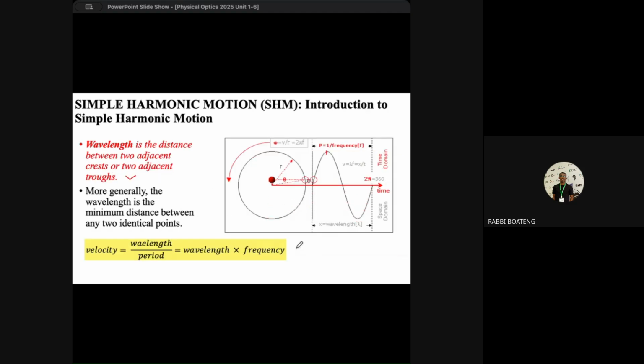If we have something like this, and this is my wave, we are talking about a crest here and a crest here. That distance from here to here is what we are calling a wavelength. Or let's say a trough to a trough, that is also what we are calling a wavelength.